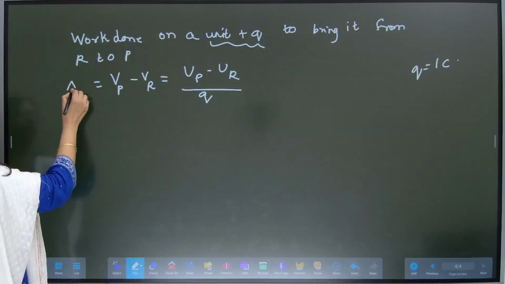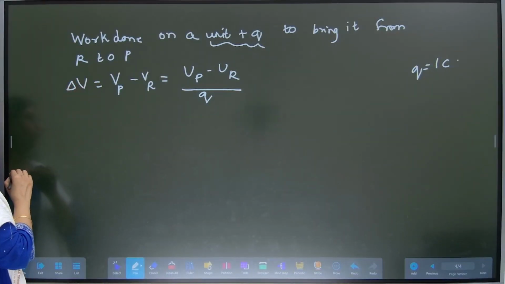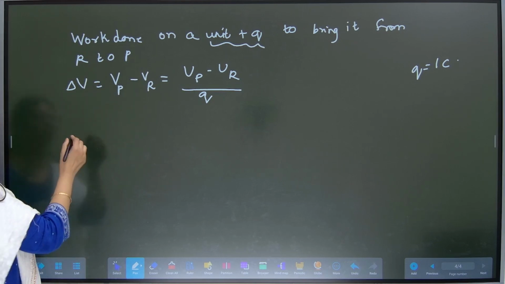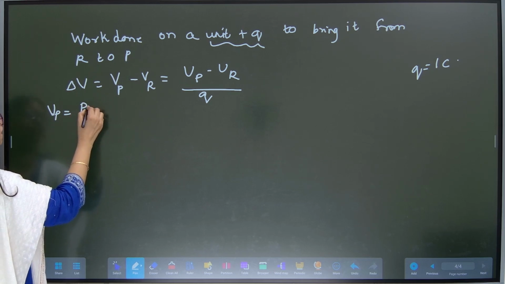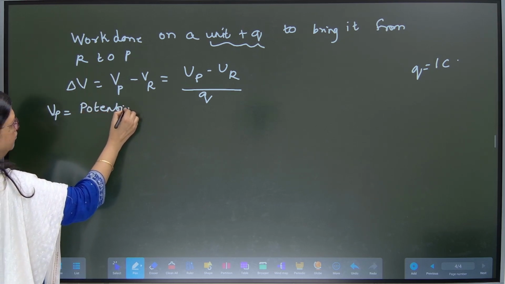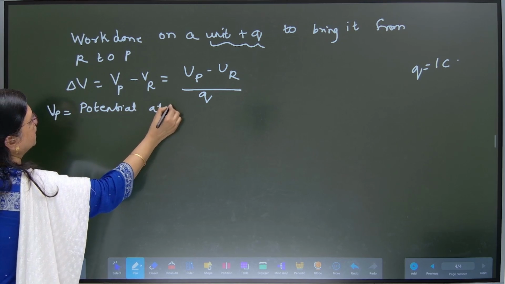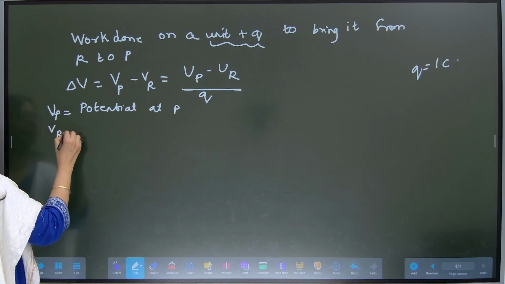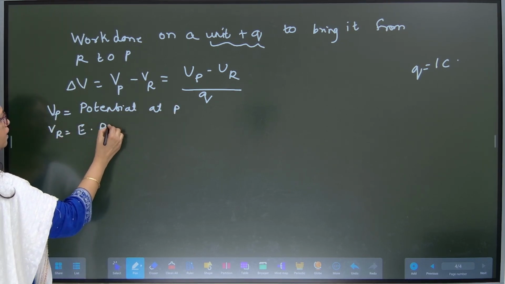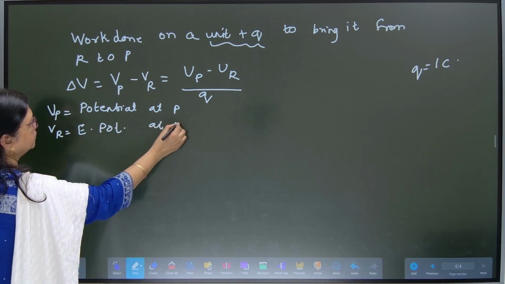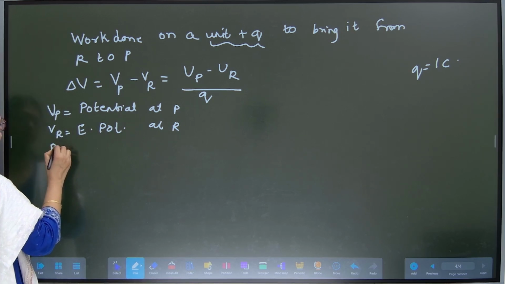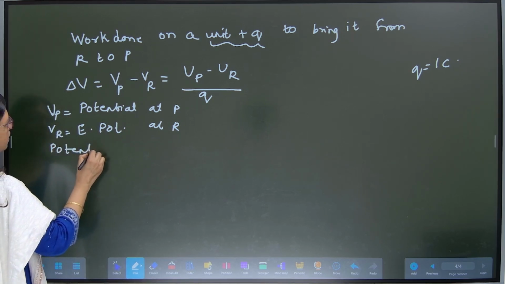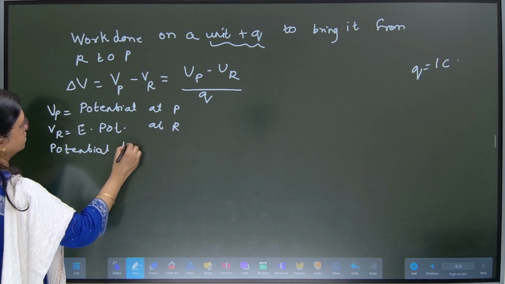Okay? So this we can say as delta V also, which is Vp minus Vr, where Vp is the potential at P. Similarly, Vr is the electrostatic potential at R. And the difference is potential difference.